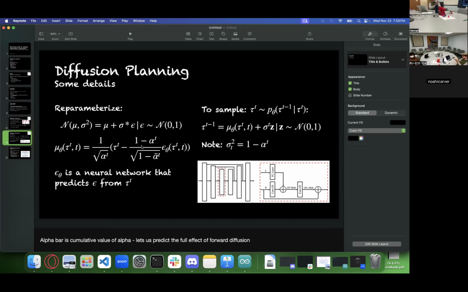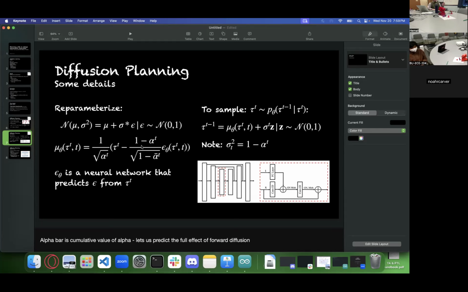So effectively we're at the mean, and we're pushing the mean with the error given the scheduling function that we have and some predictions on the cumulative effect of the scheduling.